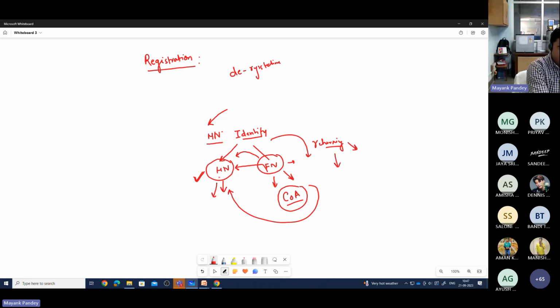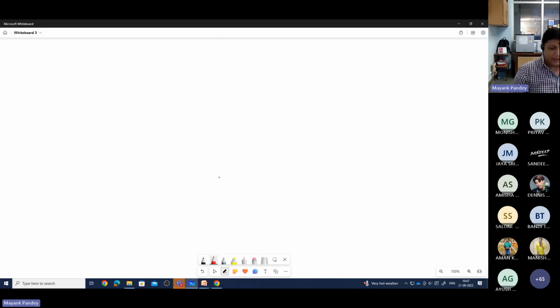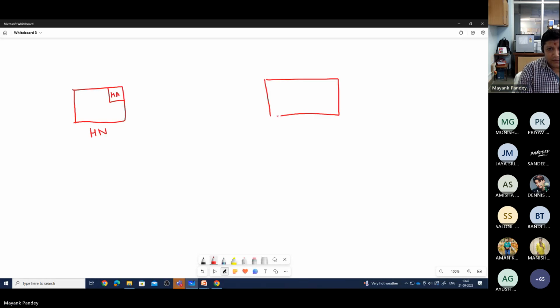So let me draw it again, the complete scenario. There is a home network. In the home network, there is a router which is the home agent. There is a foreign network, and there is a router in the foreign network which is the foreign agent.